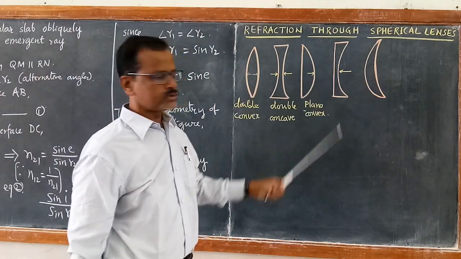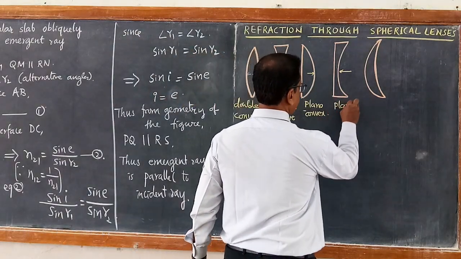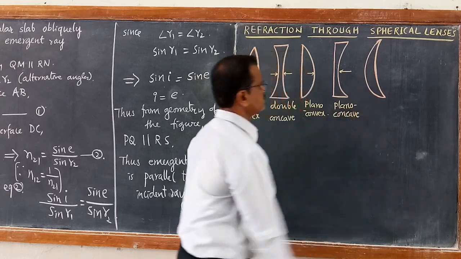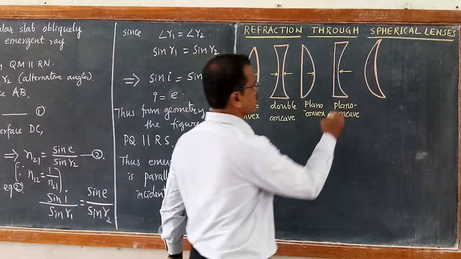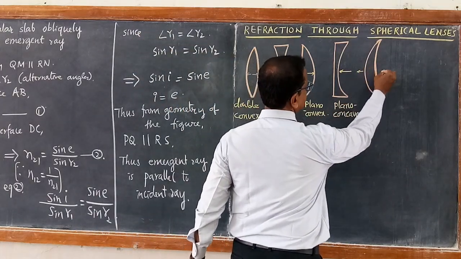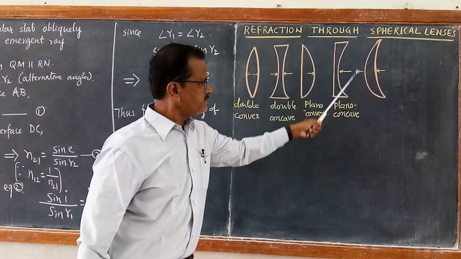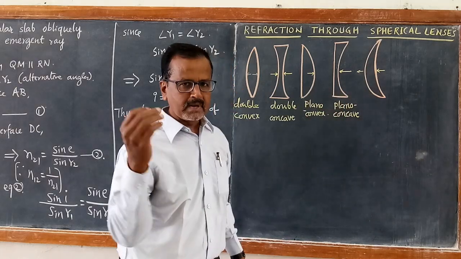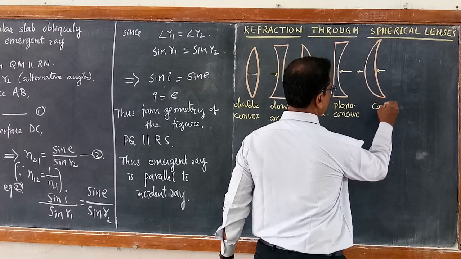One side plane, so it is called plano-concave. And here one surface is bulged outwards, another surface bulged inwards. So this is convexo-concave.